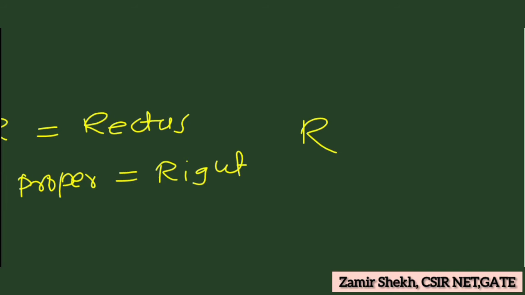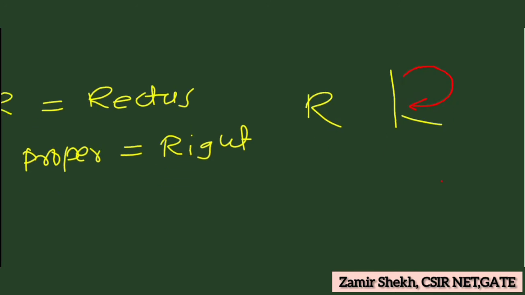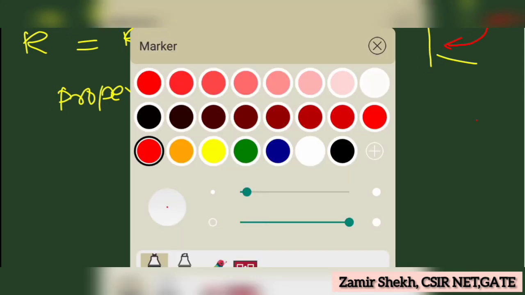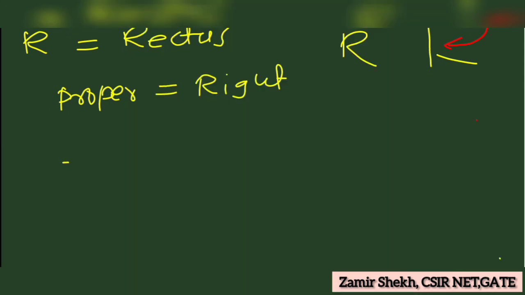Suppose this is your R, and we can denote it like this. This is R.